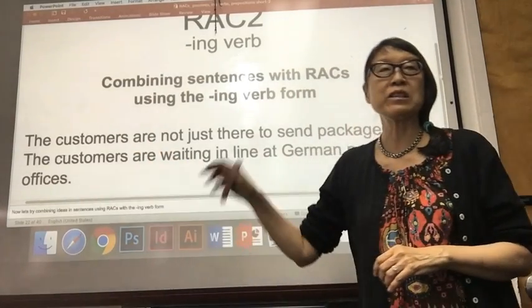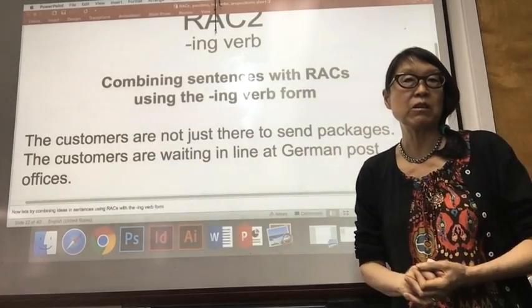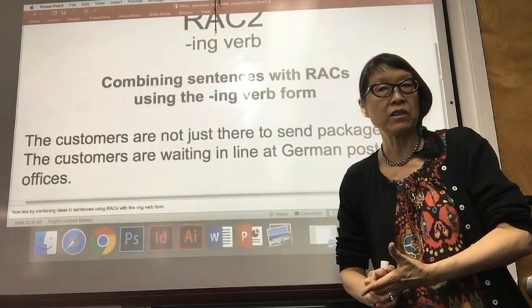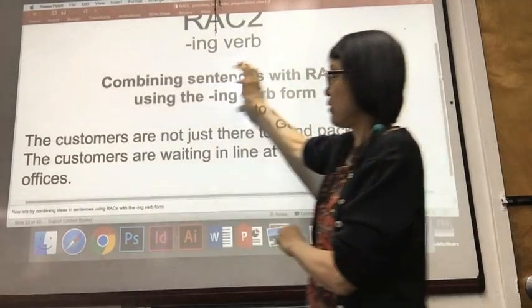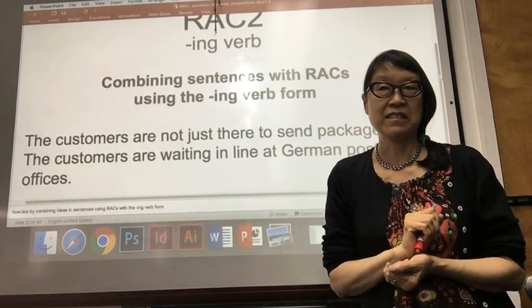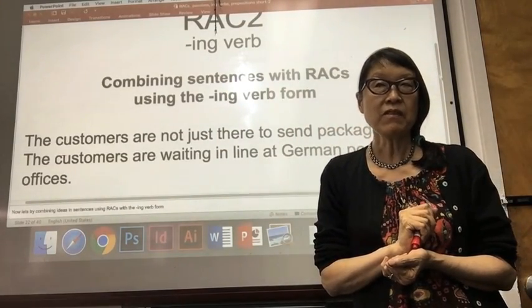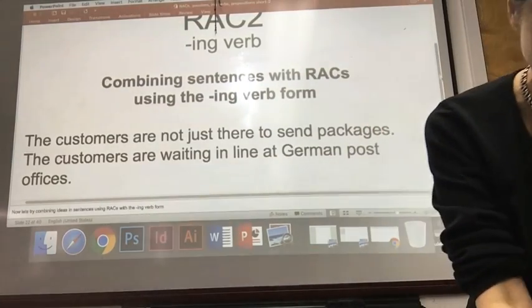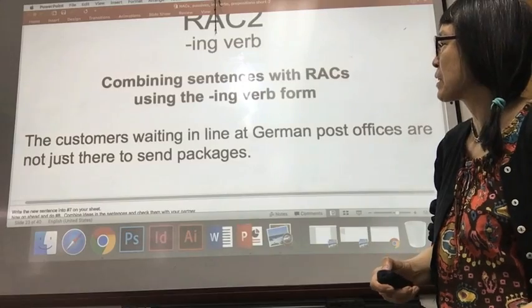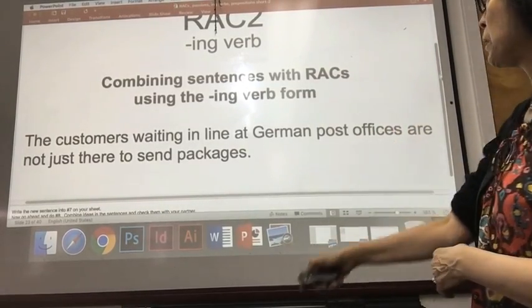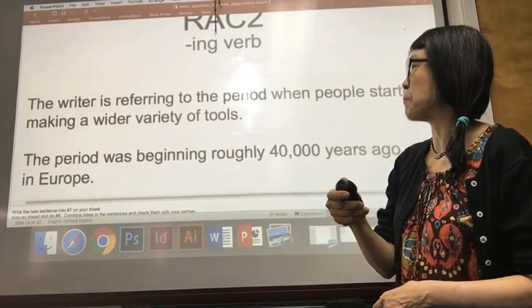And then what are we going to do? Now we've reduced it, right? What are we going to do with the reduced adjective clause? Put it after the noun. Which noun? The customers. Why? Because the adjective clauses describe the noun. Okay, very good. And there's your sentence. The customers waiting in line at the German post office are not just there to send packages.